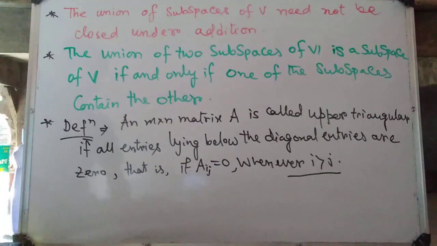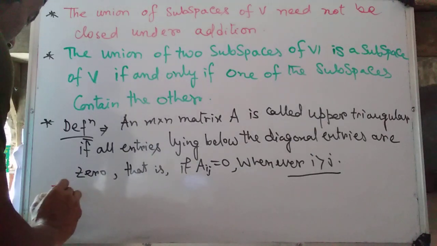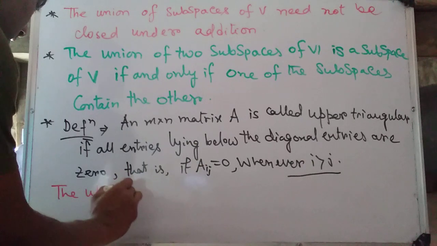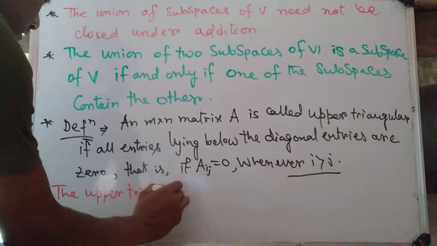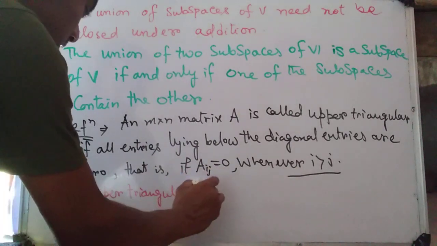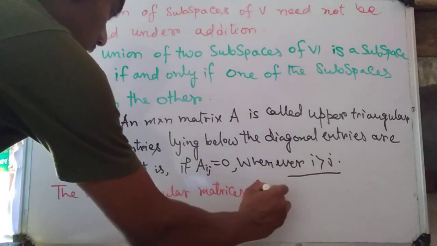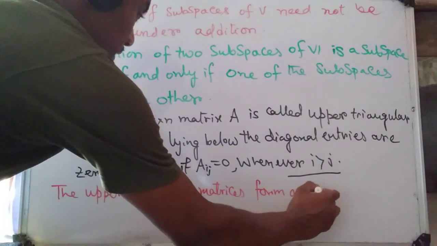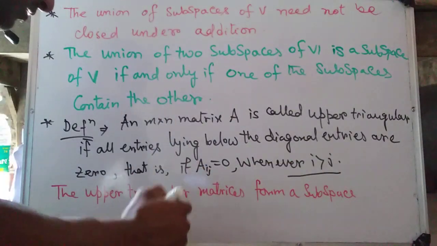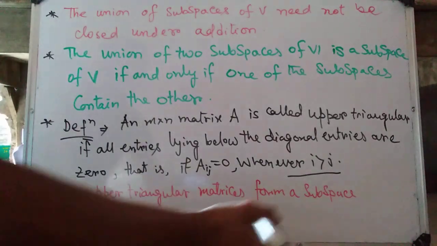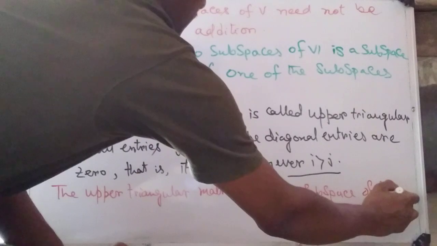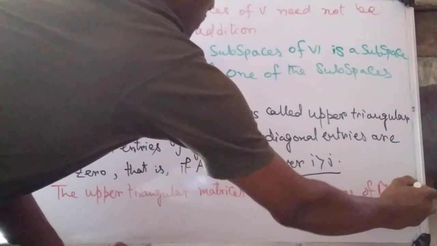And the upper triangular matrices form a subspace of M n cross n. Understood?